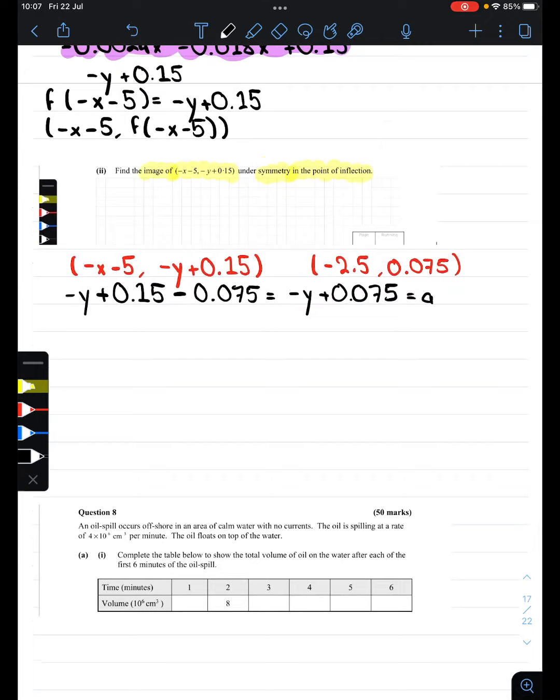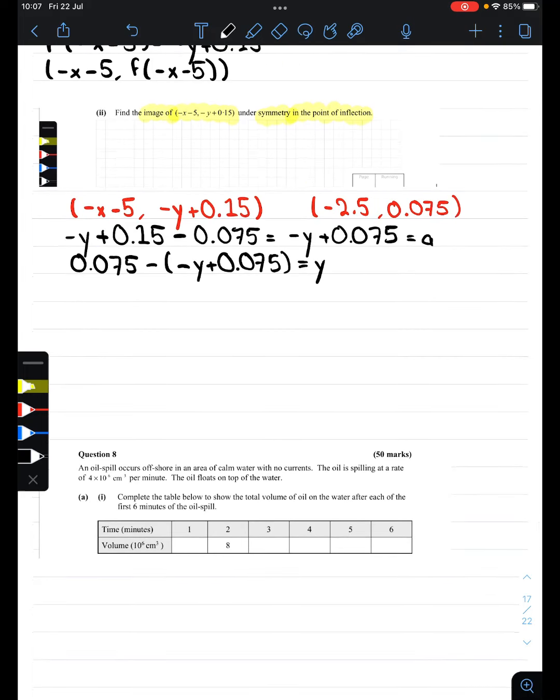So if we minus A, the y coordinate is 0.075 minus A, minus y plus 0.075. Well, this just equals y. Okay, interesting. So the y coordinate of the image is y.